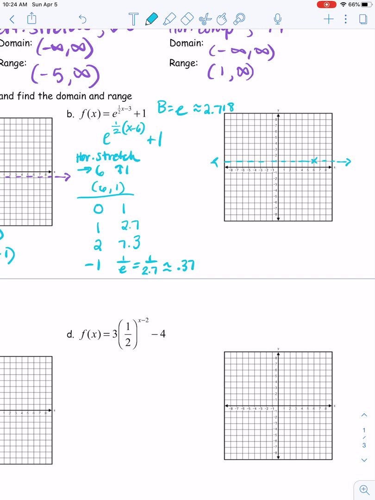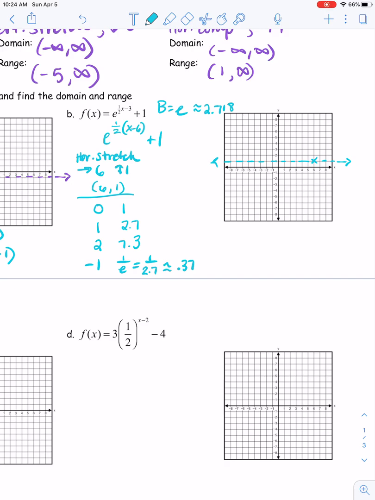Really hard to graph, guys. Okay, so 3 points is good enough. If you can fit 4 or more, that's going to give you a better representation of that graph. But you always want to choose 0 and 1, 1 in the base, and then -1 and 1 over the base, that reciprocal. If you can fit the 2 or the -2, that'll just help give you a better idea of that graph.